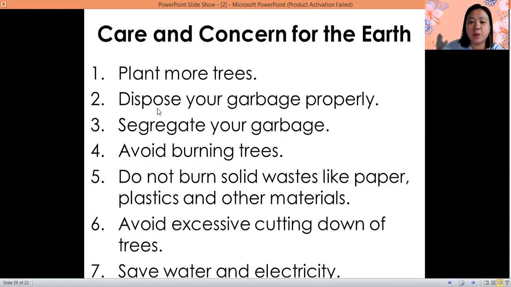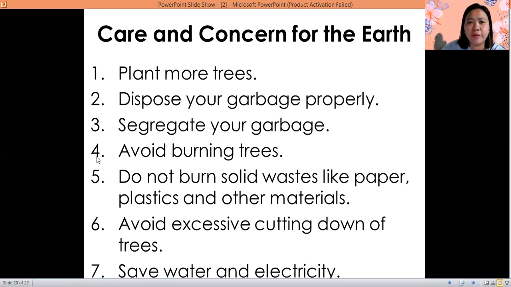Next, we need to dispose our garbage properly so that it will not go to the water and it will not get stinky, bahong amoy. Next, number 3, we need to segregate our garbage. The non-recyclable, yung nabubulok, hindi nabubulok, the materials, yung glass, papers, we need to segregate it.